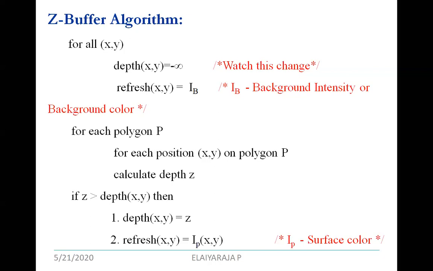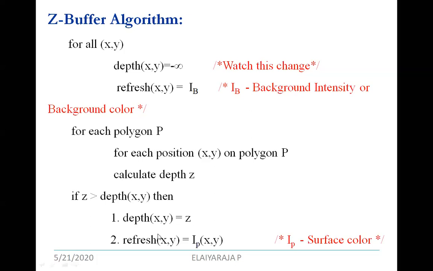You check it against the new depth value, that is 4. Four is greater than 3, so you replace the old value 3 with the new value 4, so the new depth value of the x, y pixel is 4. If it is lesser, then your old value remains the same.